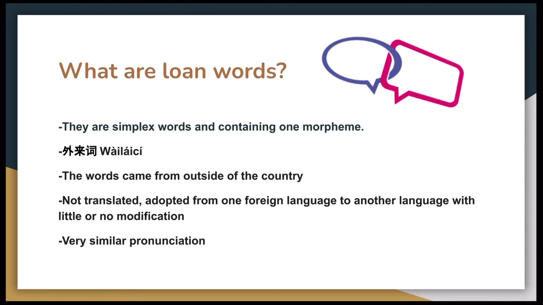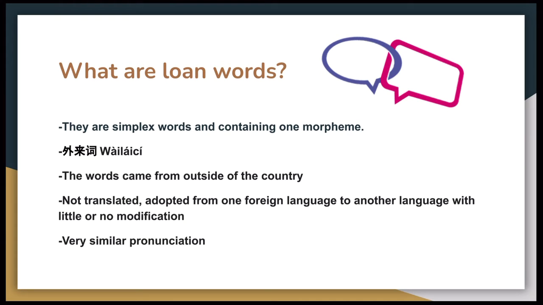They are also known as borrowing words, and most of them have very similar pronunciation. However, since we're getting the words from outside of the country, and because the language they speak is different, the pronunciation could be slightly changed. Let's say we bring a word from China.